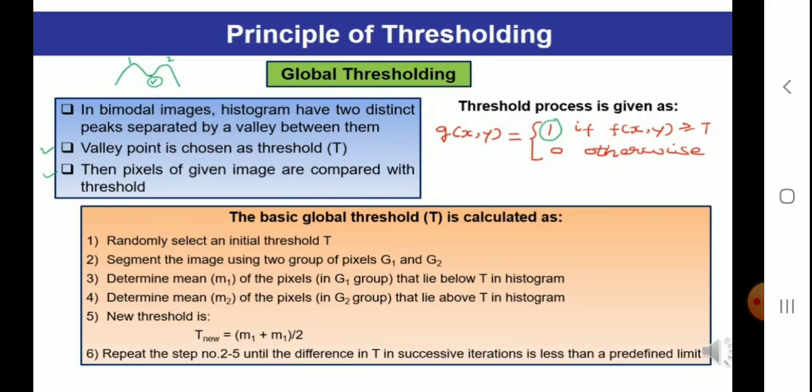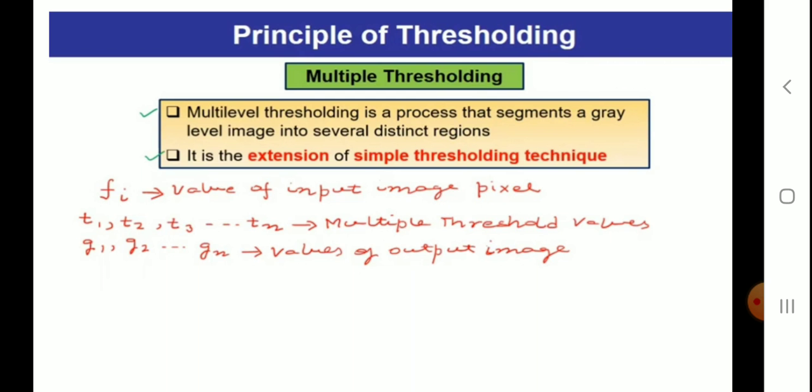The new threshold is (m1 + m2) divided by 2. Repeat steps 2 to 5 until the difference in t in successive iterations is less than the predefined limit. So this is the concept of global thresholding.